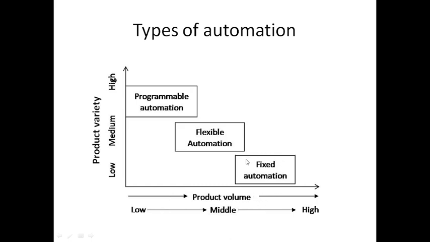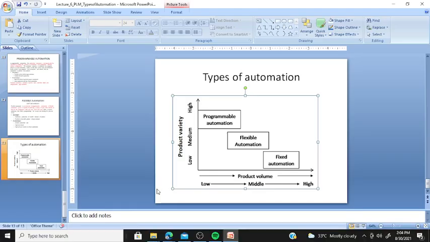Fixed automation typically represents low product variety and high production volume, and flexible automation is in between, with medium product variety and medium production. Programmable automation represents high product variety and a high amount of design changes, but you have to compromise, of course, with low production volumes.